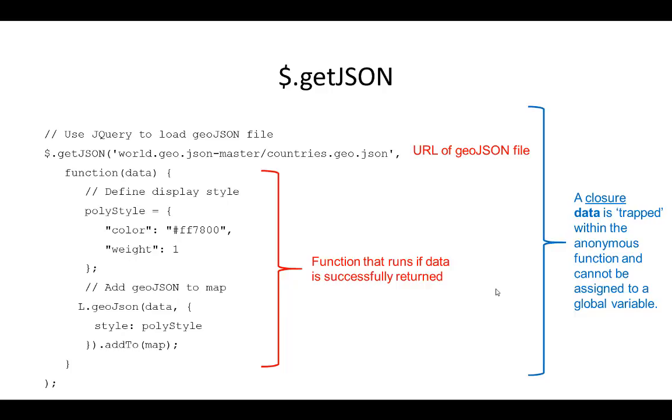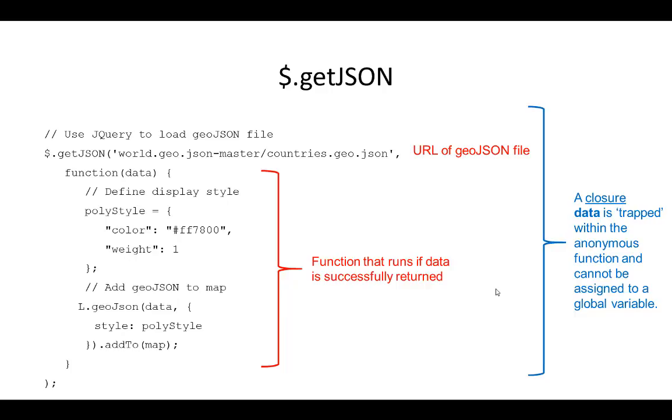In the function, we define a variable called polystyle, which has two values: color, which is the fill color to display the polygon, and weight, which is the weight of the line drawn around the outside, the exterior, of the polygon. So that's defining our style. Then I add the GeoJSON. I use the Leaflet GeoJSON method, which I pass the data that we got out with getGeoJSON.